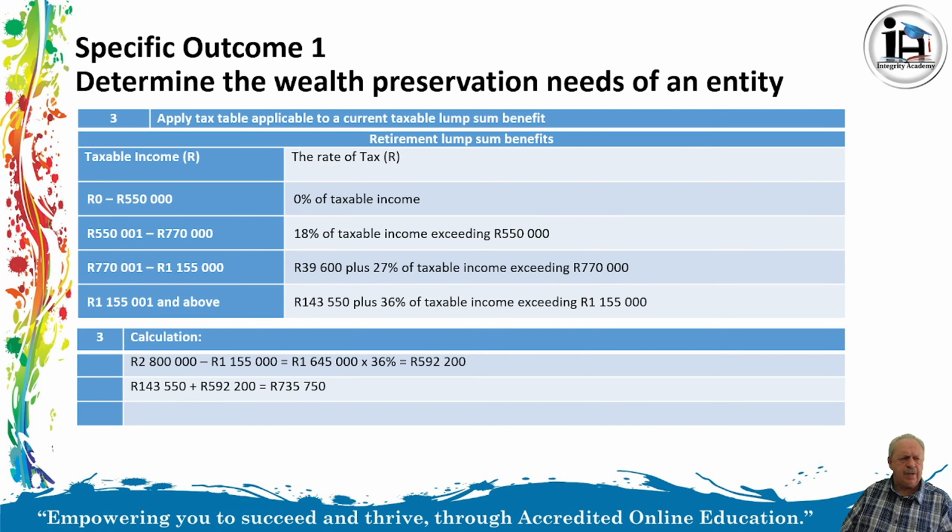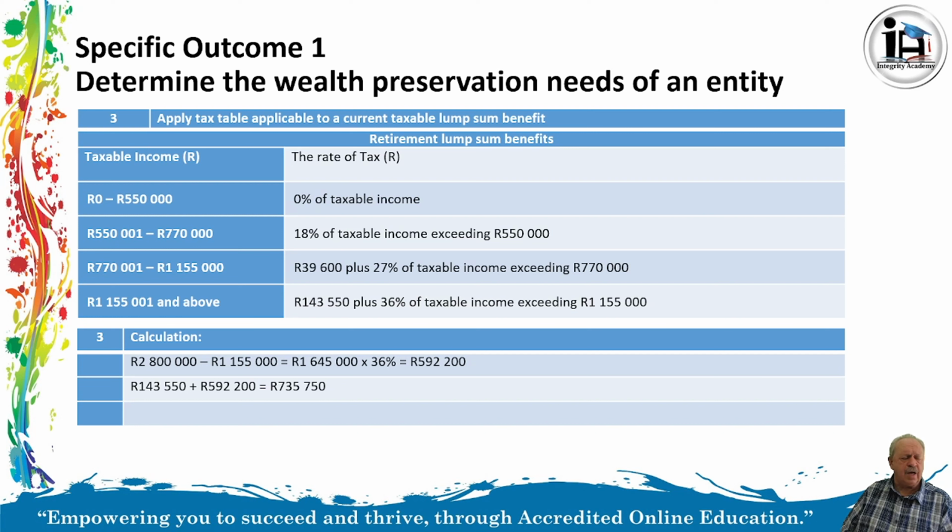The rate table there starts from 0 to 550,000. It was 500,000 shortly before this tax year. They increased it to 550. So the amount is now tax-free up to 550,000, with 0 tax payable.